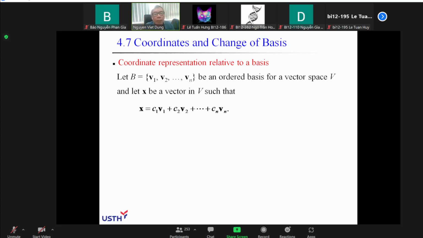That is, X can be written uniquely as C1 V1 plus C2 V2 plus up to Cn Vn. It means that the numbers C1, C2, Cn are determined uniquely by X. Given X, we have only one tuple C1, C2, Cn. And because of that, the numbers C1, C2, Cn will be called the coordinates of X relative to the basis B.